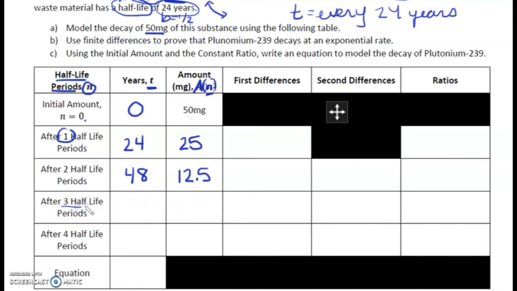Okay, 3 half-life periods is going to be 72. So after 72 years, there are 3 half-lives, and we're going to be down to 6.25. And then the last one is 72 plus 24, 96 years. So after 96 years, 4 half-lives have occurred. We're going to be down to 3.125 milligrams of this substance.